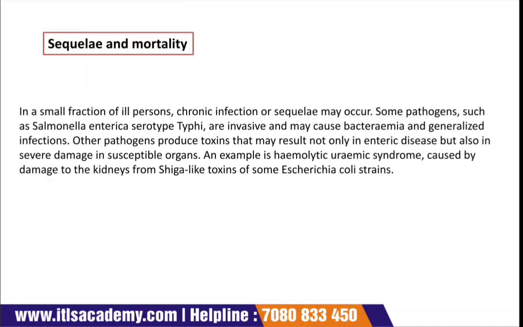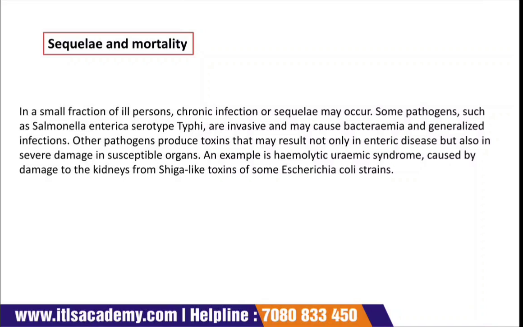Now comes the sequel and mortality. In a small fraction of ill persons, chronic infection or a sequel may occur. Some pathogens such as Salmonella enterica serotype Typhi are invasive and may cause bacteremia and generalized infection.